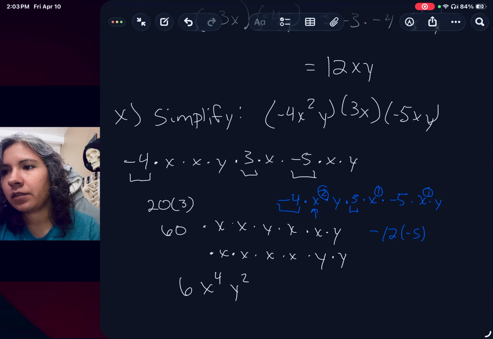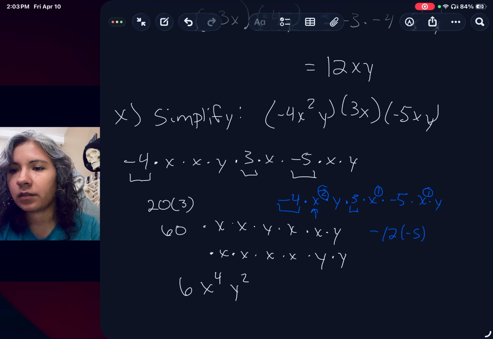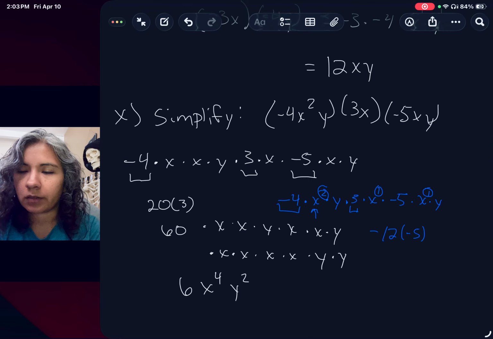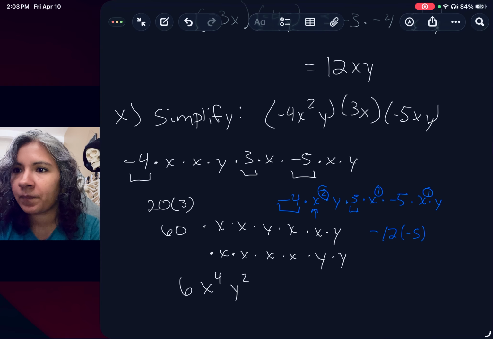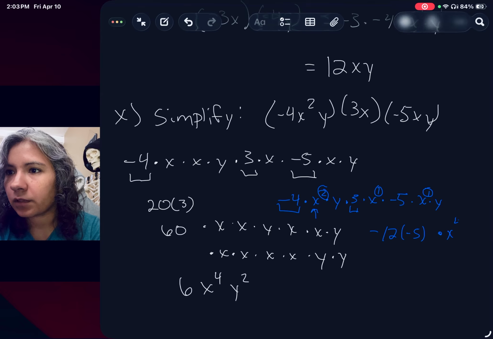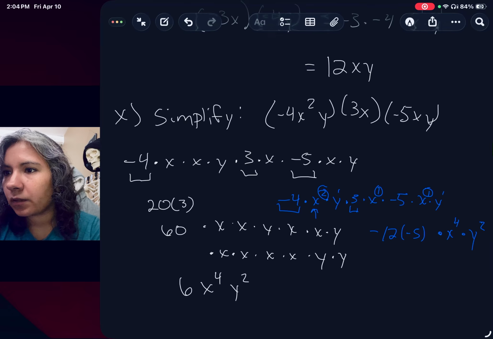You can't do the y plus the x because they're different letters, or different variables, but you can do the x's. So x, 2 plus 1 plus 1 is x to the 4, and then y to the 1 and y to the 1 is y squared. So negative 12 times negative 5 is positive 60.